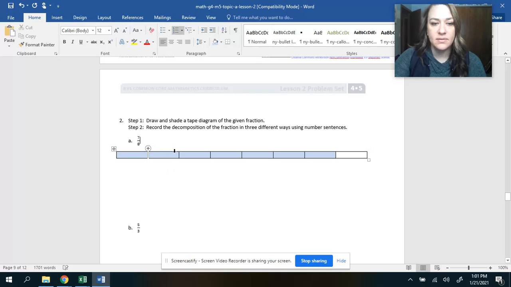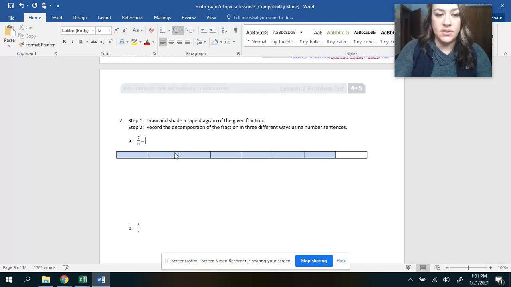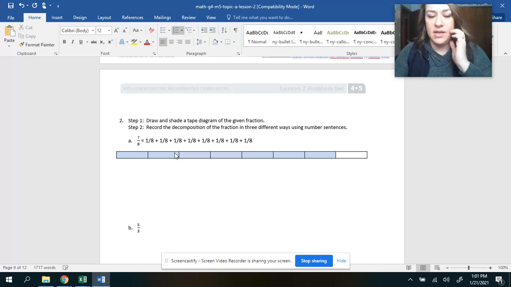So 7 eighths is equal to 1/8 plus 1/8 plus 1/8 plus 1/8 plus 1/8 plus 1/8 plus 1/8. That's 1, 2, 3, 4, 5, 6, 7. Okay, how else can we show that?